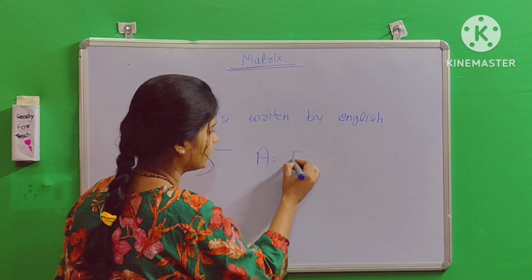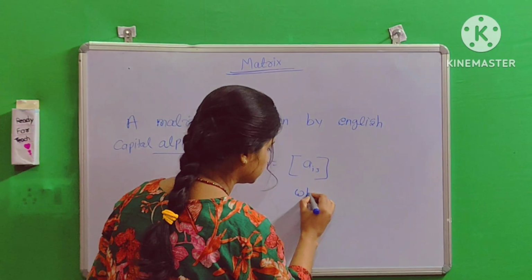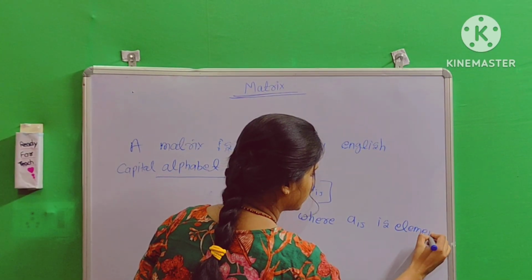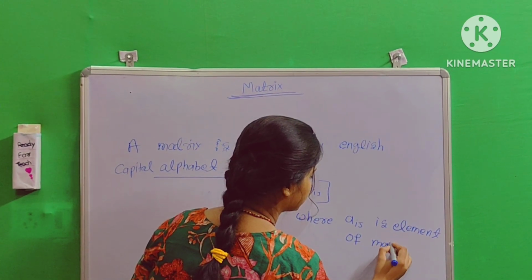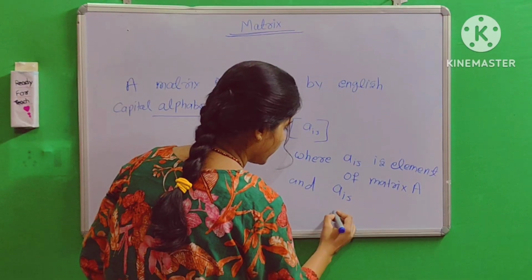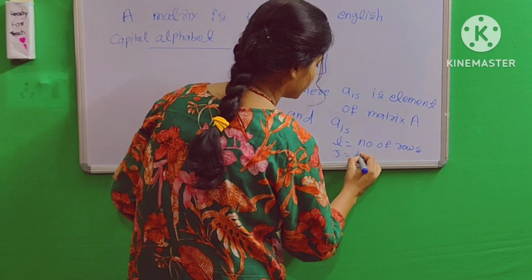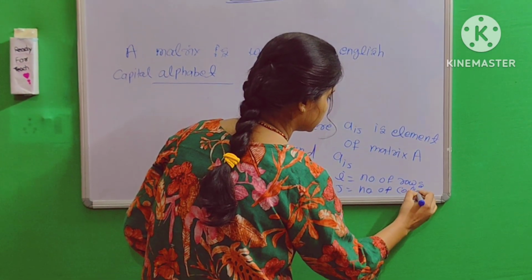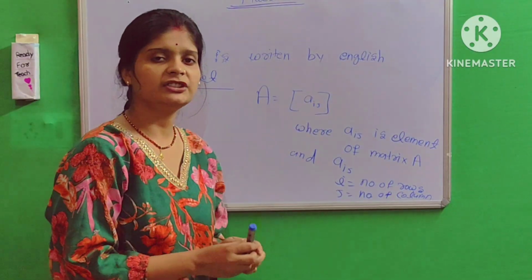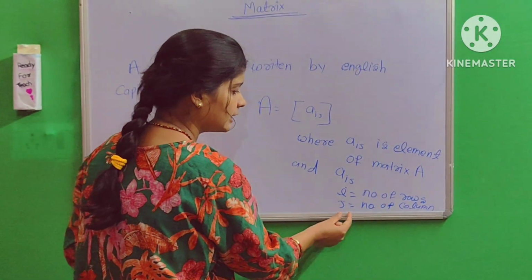If A is a matrix, then we can write Aij, where Aij is the element of matrix A, and i is equal to the number of rows and j is equal to the number of columns. Okay? So A is a matrix, we can write Aij, where Aij is an element of matrix A, i is the number of rows and j is the number of columns.